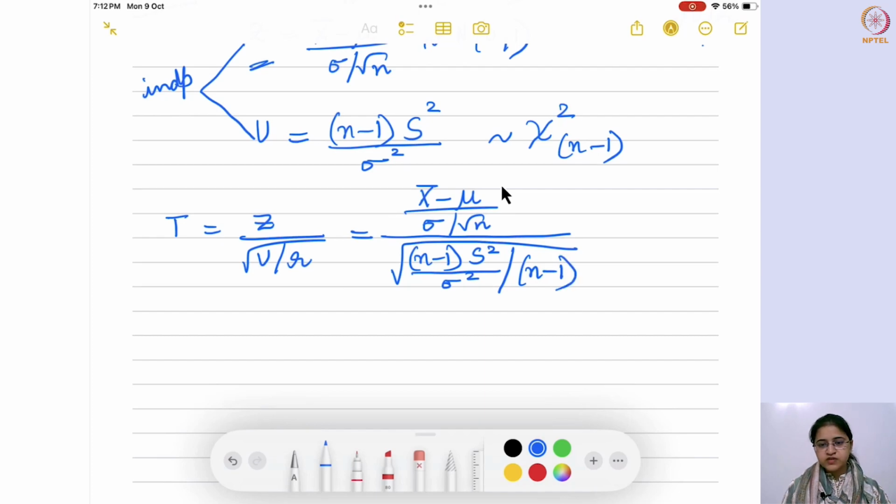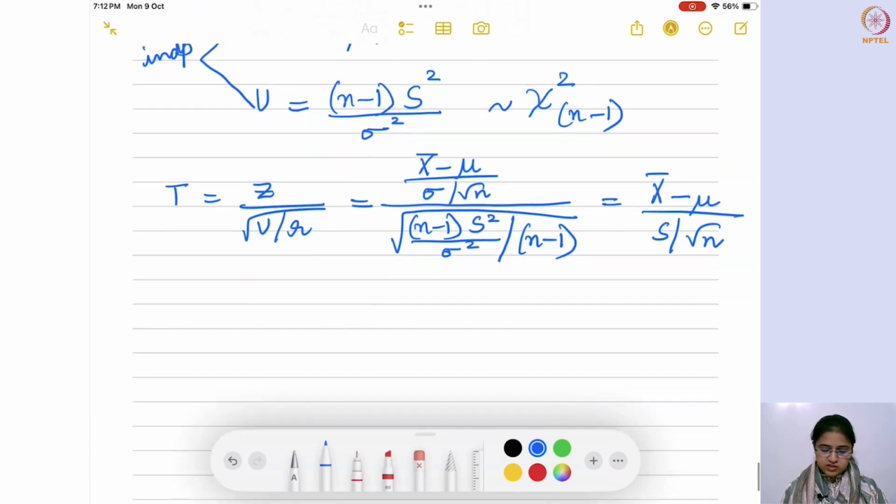So n-1 and n-1 would cancel out, right? Sigma would cancel out, and S squared, when you take it outside the square root, will basically be S. So what you get is X bar minus mu by S by root n.